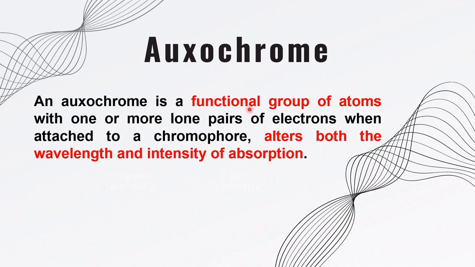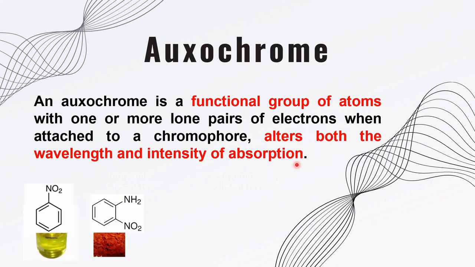So this can be defined as any group which does not itself act as a chromophore, but whose presence brings about a shift of the absorption band towards the red end of the spectrum. For example, nitrobenzene is yellow in color. If you check para-nitrophenol, or para-nitro or ortho-nitro aniline, they are orange or red in color. The yellow color is due to the nitro group, and OH or NH2 enhance the color to orange or red.